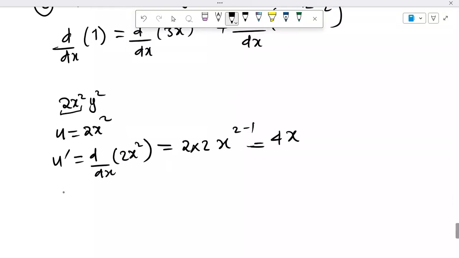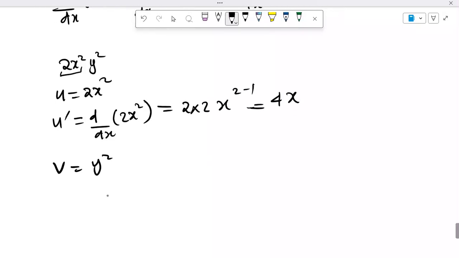Then we say v now. v equal to the last part, which is y squared. Then we need to find v prime. So v prime is differentiating. We know the coefficient is 1 here, so 1, drop down the power 2.